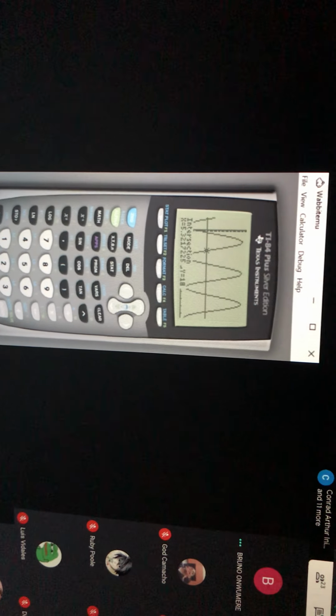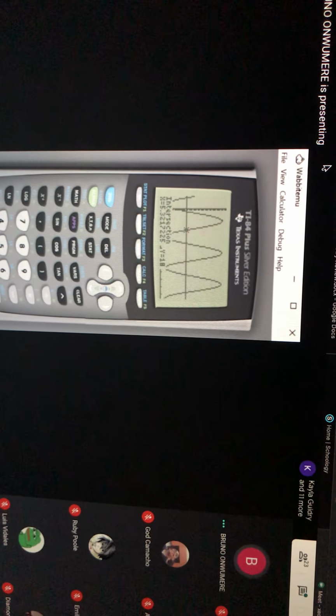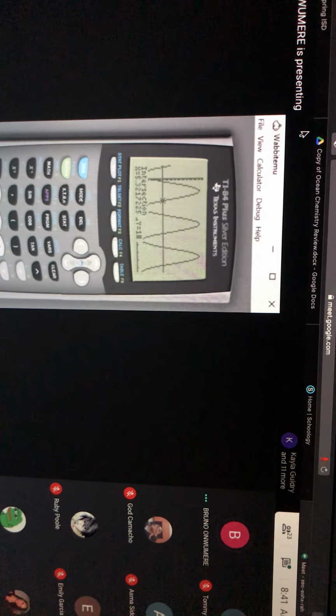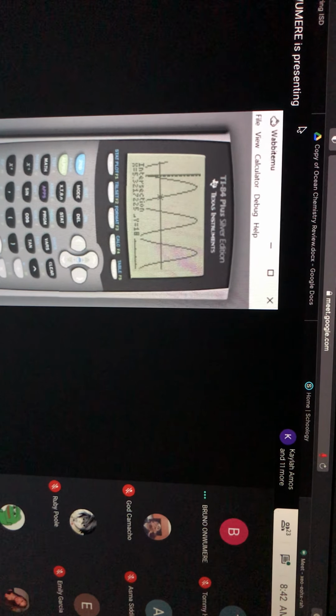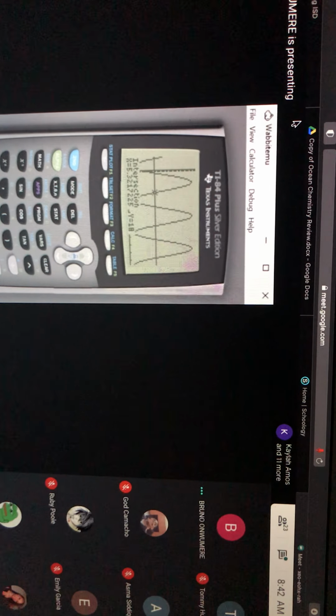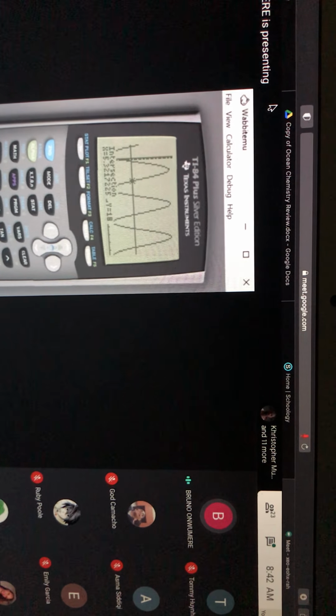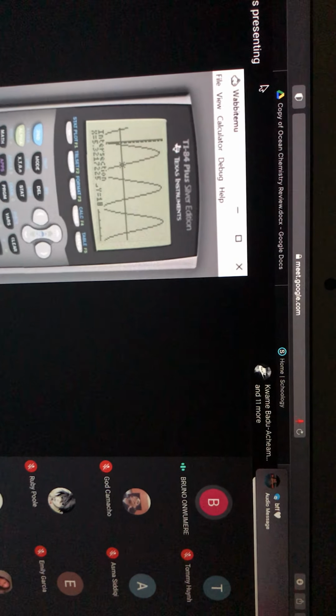Is there any one you want me to do by hand? I will do it by hand to show you how to arrive at that answer. When t is equal to 9. The young lady wants me to show how you can get the value when t is equal to 9 by hand without touching your calculator.